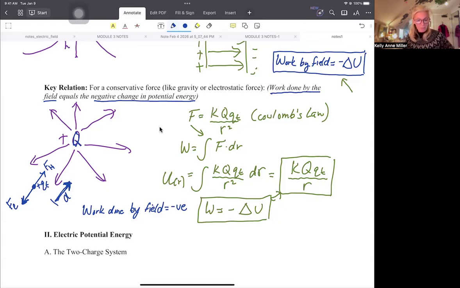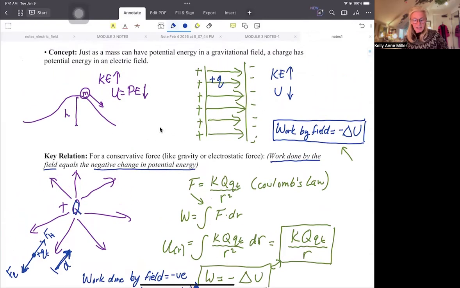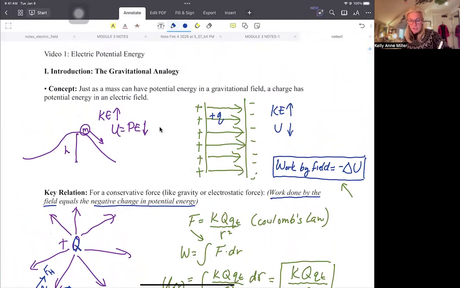Okay, so we've got negative work, but if I push that charge closer to the big Q, I'm increasing the potential energy of that charge. So the work done by the field is negative, but the potential energy of the electric charge, which we also call U, is increasing. It would be like if I pushed this charge in this direction, to use the parallel plate example, right?